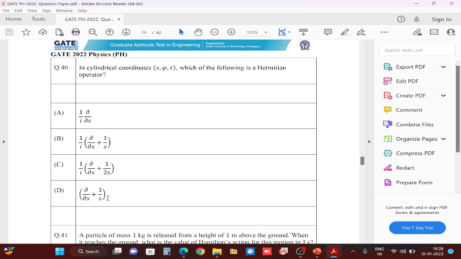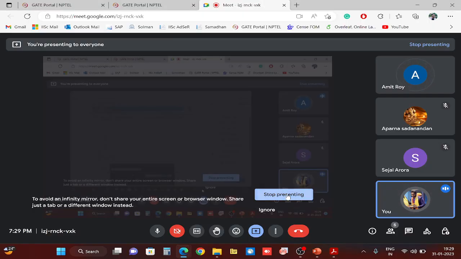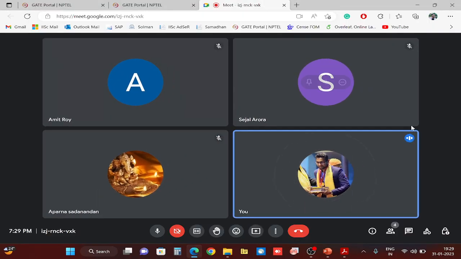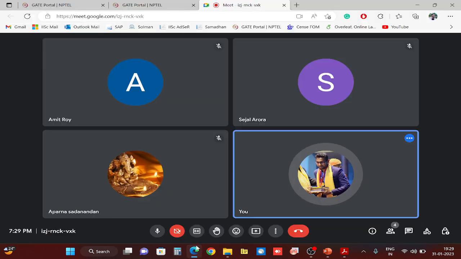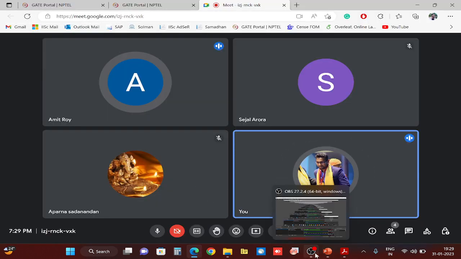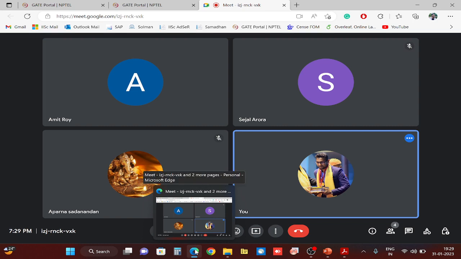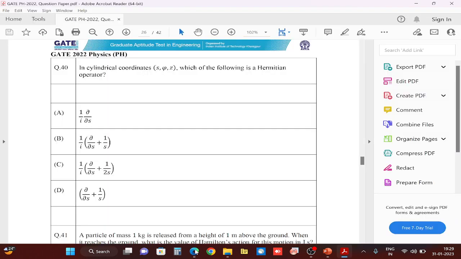How can you tell that directly? That is not actually the answer. I know the answer actually because this is very similar. Let me check the answer first. If I am correct, then I can share my view here. It's option C. Option C, okay.